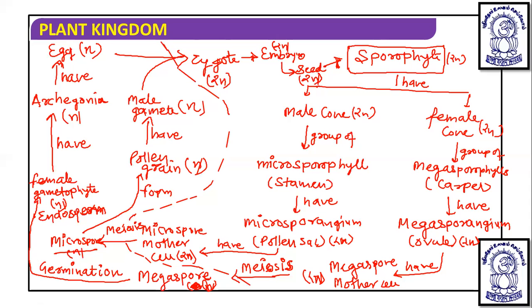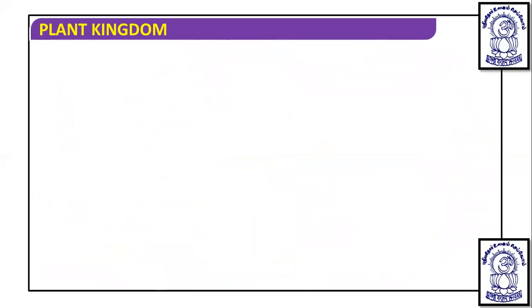By studying this life cycle in this diagrammatic pattern, what can we understand? That is the question. We consider that all gymnosperms are heterosporous. They produce two types of spores.